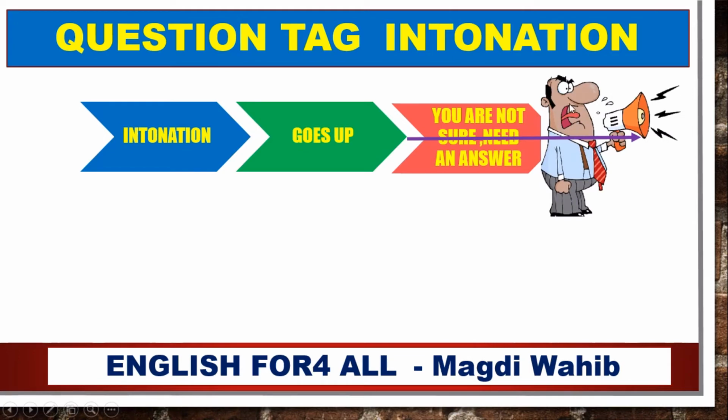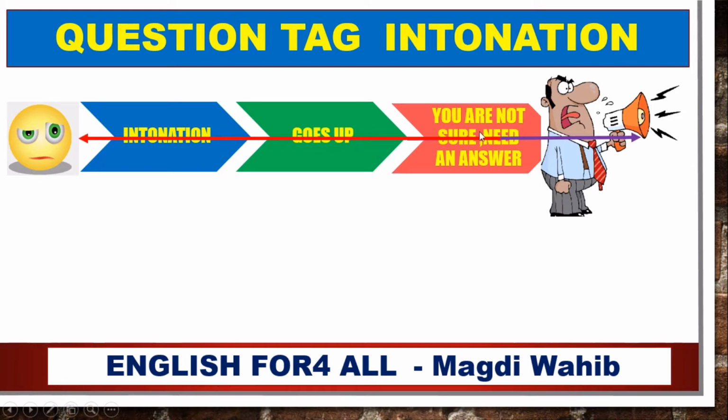This guy actually is not sure of something and he is raising his voice while asking a question tag, and he is not actually sure of what he's saying. So the intonation makes a great difference.